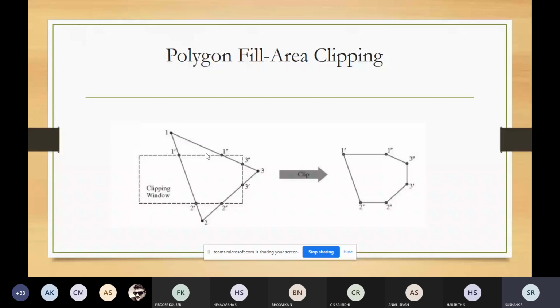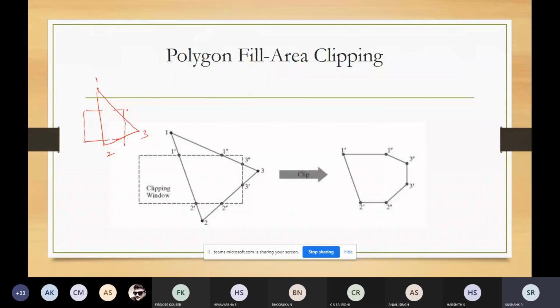For example, if you check here, the triangle 1 2 3 consisted of only three vertices.